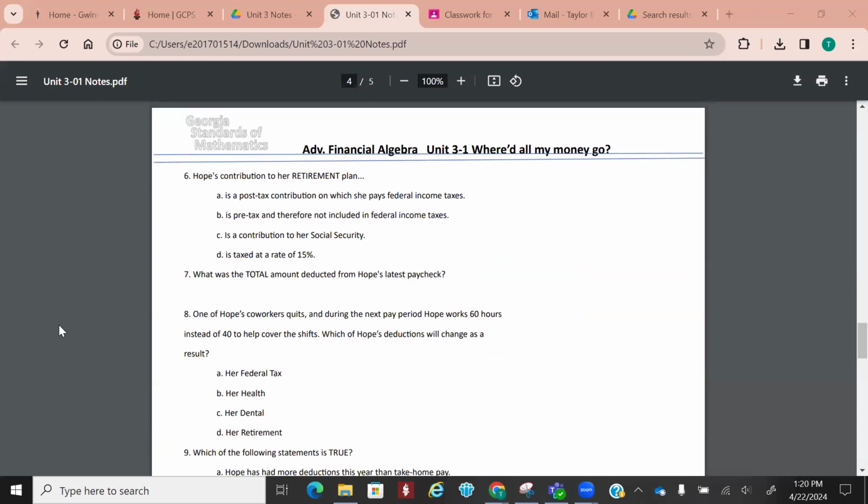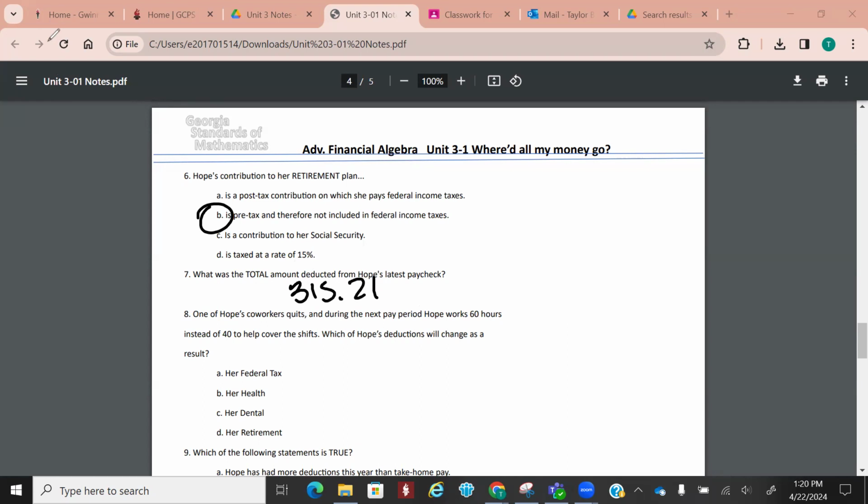So looking at the next page, Hope's contributions to a retirement plan. So that is pre-tax and therefore not included in federal income tax. Okay, the total amount deducted from Hope's last paycheck was $315.21. And you can actually look at that from that pay stub and total up all the stuff that was taken out.